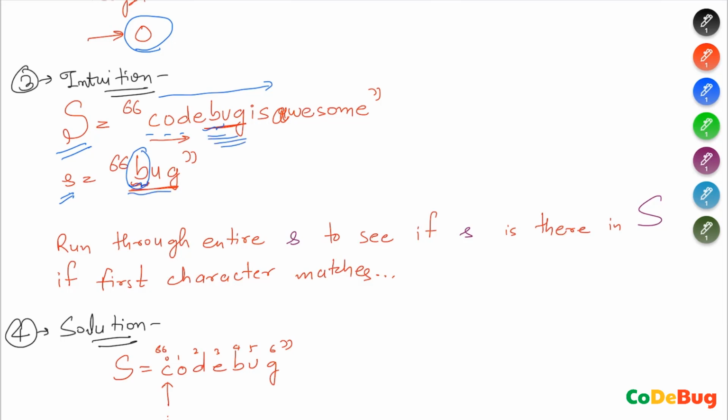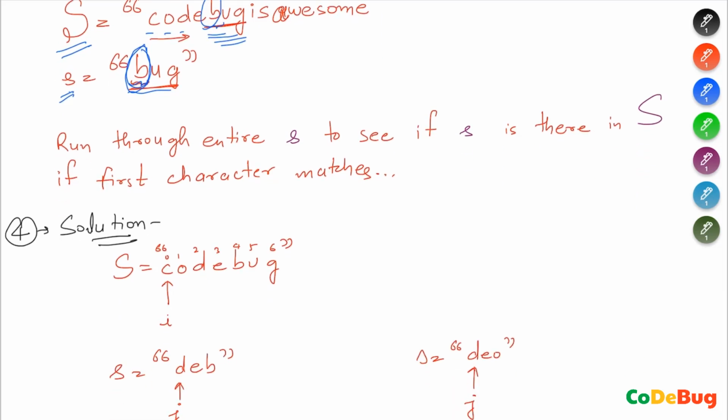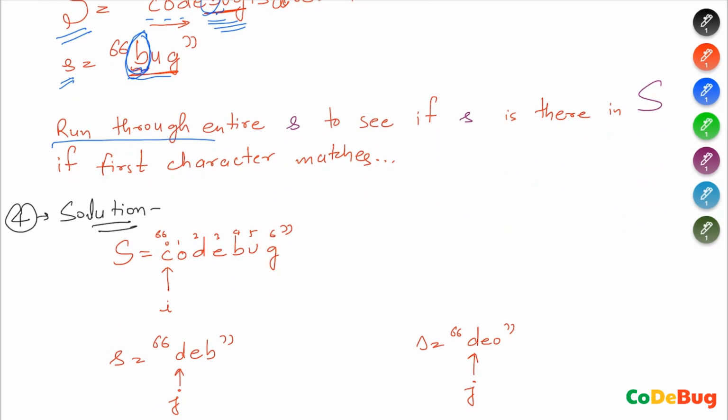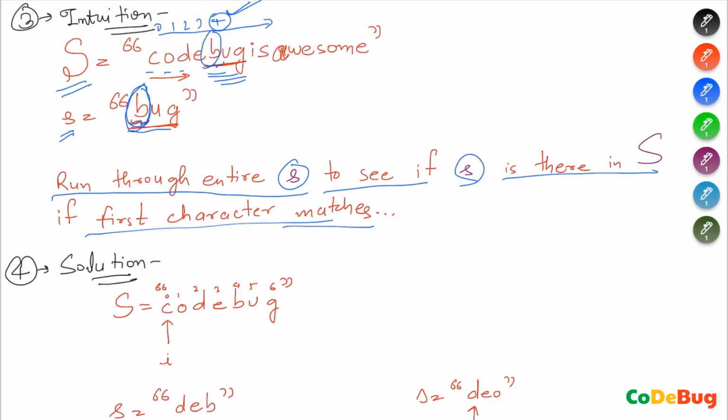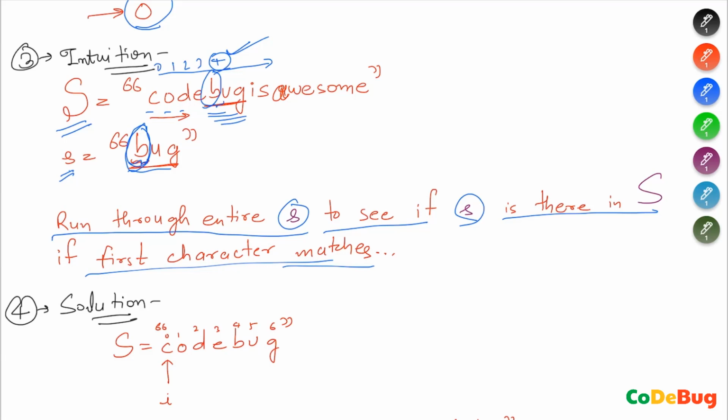If they are, then we can simply return the index of the first character in S that we found. In this case it will be 0, 1, 2, 3 and 4, so we'll return 4. We can run through the entire S to see if our needle is there in the haystack if the first character matches. That's what we discussed, and the value we will return for this example is 4.